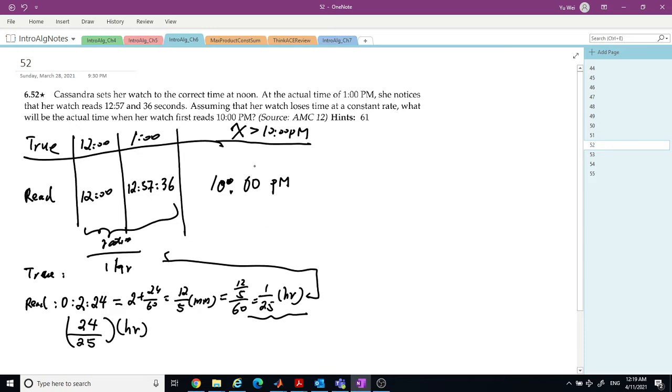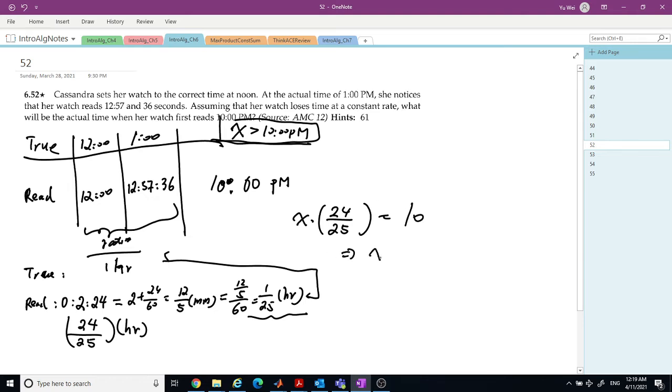So that means if we run X hours from 12, X hours times 24 over 25 equals the slower time we run in 10 hours.